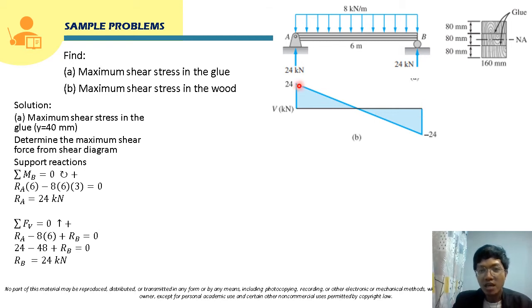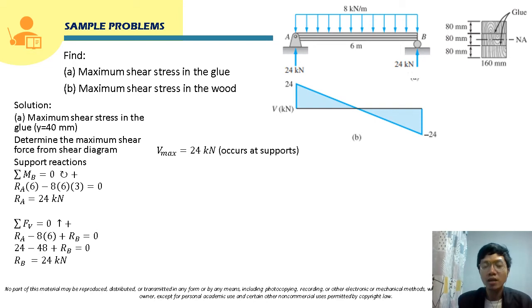And, class, these two points will just be connected by a straight line, because our load is rectangular, so the shear is just a straight line, a first-degree curve. Anyway, class, it is very clear in our shear diagram that the maximum shear force is 24, regardless of the sign.